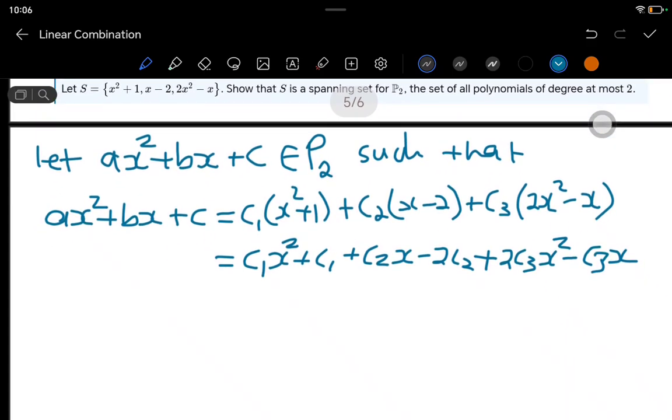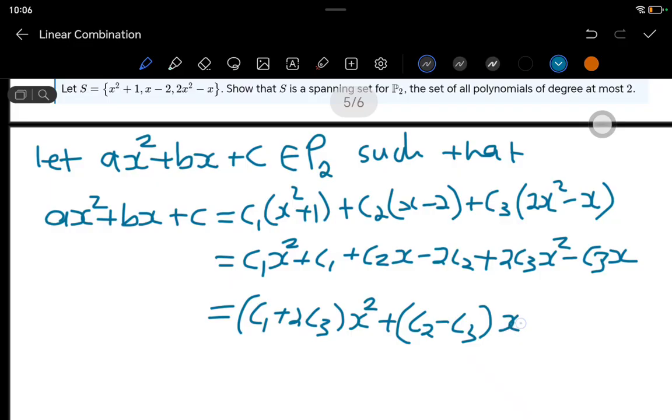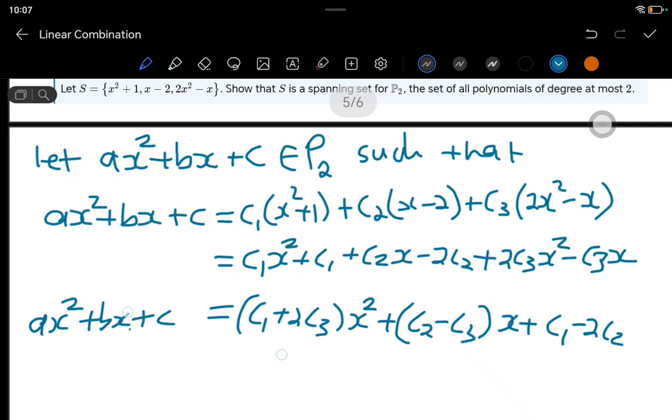Then this will be c1 plus 2c3 x squared plus c2 minus c3 x plus c1 minus 2c2. This is ax squared plus bx plus c.